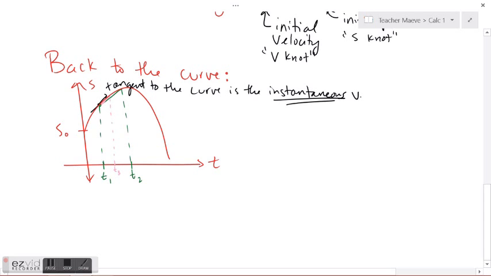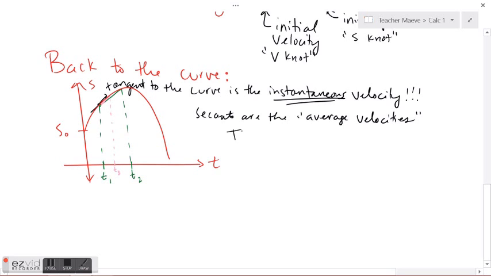At that split second, what is the velocity? How fast is the object going? Instantaneous. So to wrap it up, the secants are the average velocity, and that tangent is the instantaneous velocity.